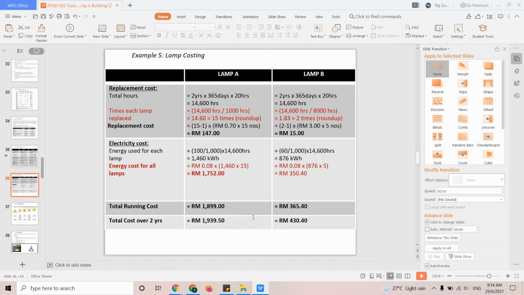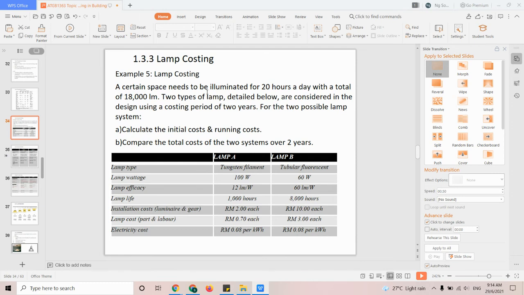So you want to state that after finding out the total cost, this should be the selection due to the overall cost being less than your lamp A. So you want to select a system that costs less and not more, if the question is asking you for a recommendation on which system to choose.